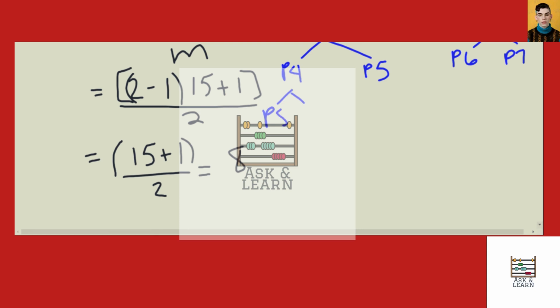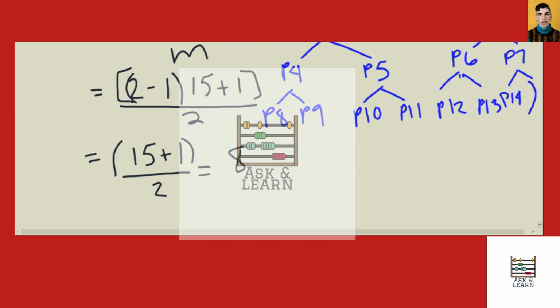And so P8, P9, P10, P11, P12, P13, and then P14 and P15. So we have 8 at the bottom, so that works out perfect. So that's part A.